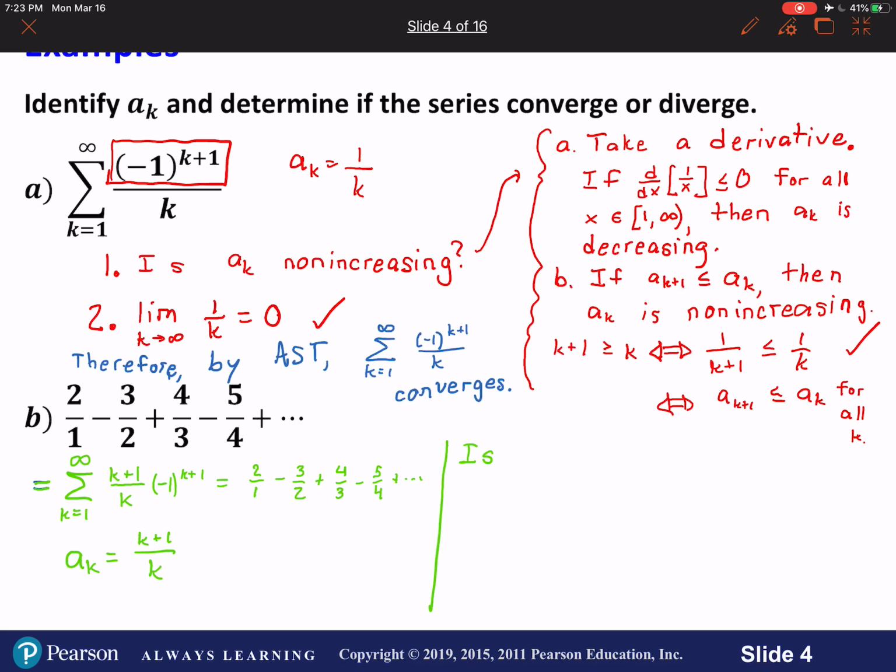So is the limit as k approaches infinity of k plus 1 over k equal to 0, question mark. And in this case it is not, because we know that this limit is equal to 1.